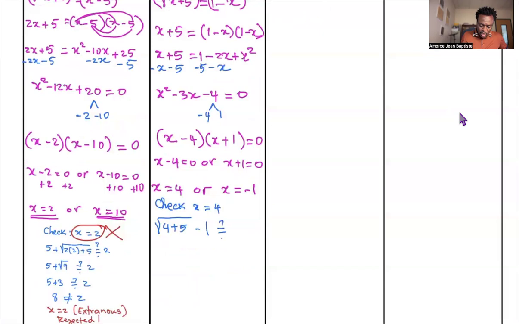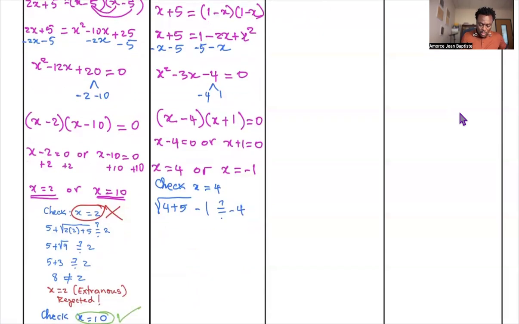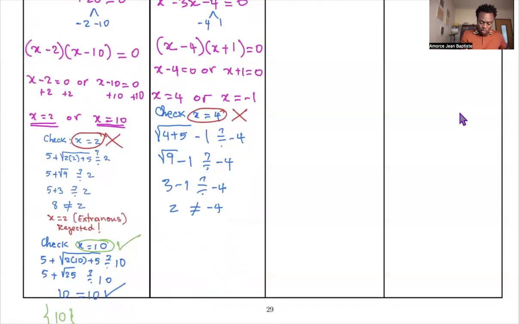Is it -4? Let's see. That's 9. Square root of 9 minus 1. Is it -4? That is 3 minus 1. Is it -4? That's 2. That is clearly not -4. So this is rejected, right?